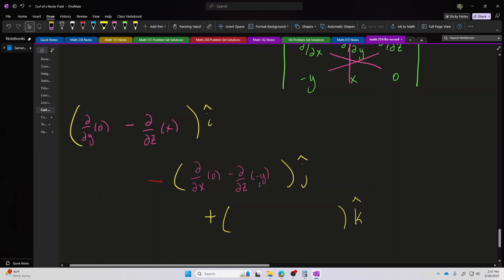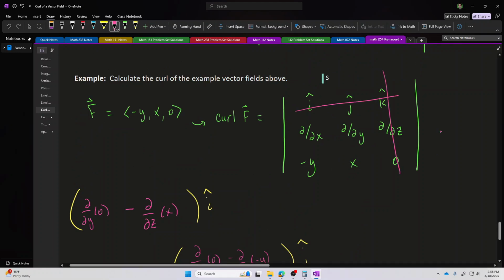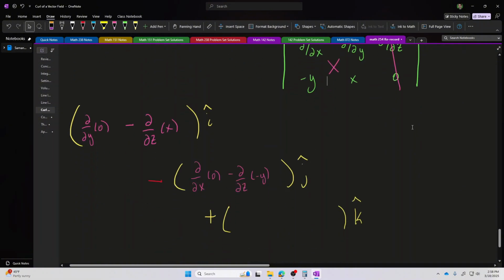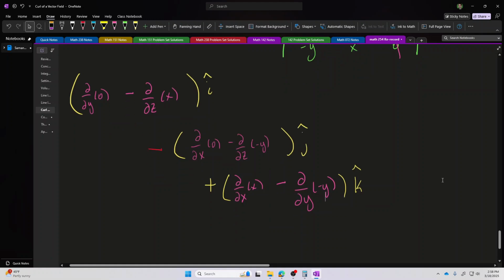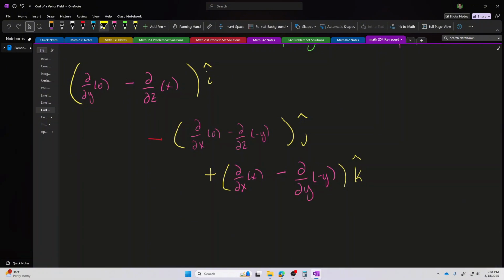And that would be what is showing up here next to j hat in the curl. And finally, similarly for k hat, we're going to go into our matrix, eliminate the row and the column, and then take these diagonal products here in the 2 by 2 matrix. So what this is going to ask us to do is take the partial of x with respect to x and subtract the partial of minus y with respect to y. And that is going to be what shows up next to k hat in the curl vector.